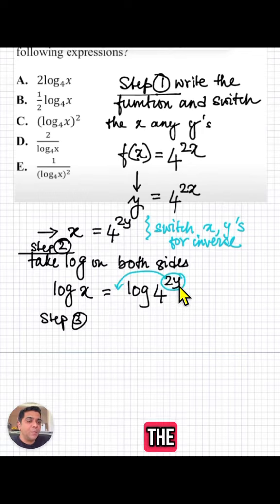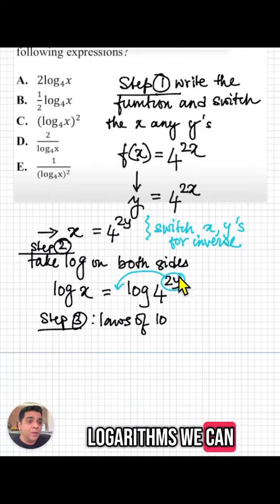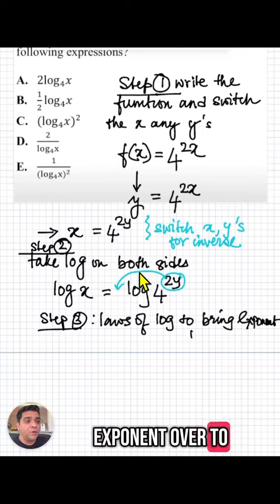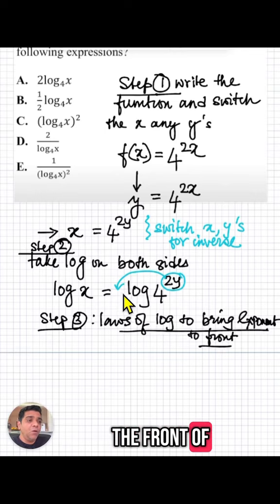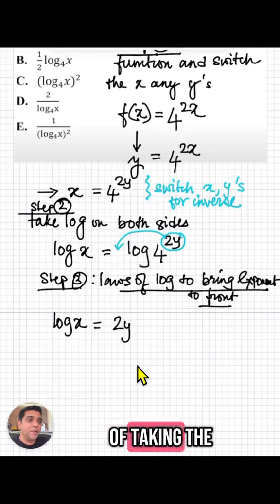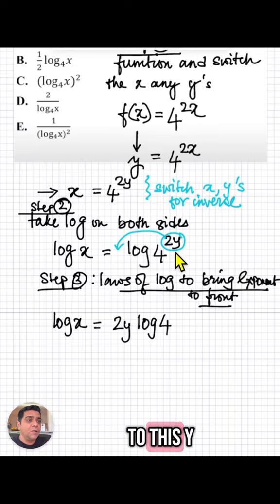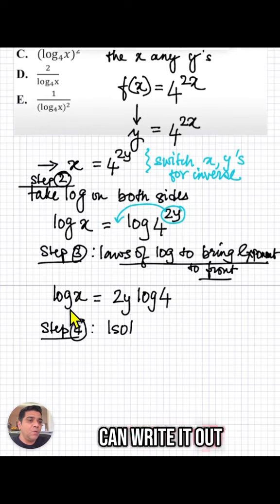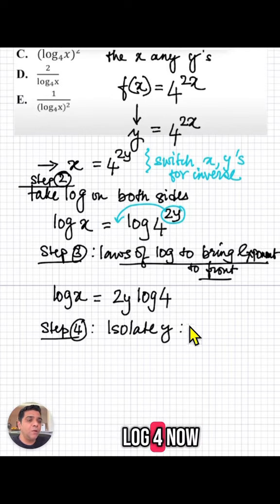Now using the rules of logarithms, we can bring this exponent over to the front of log 4, and that is the purpose of taking the log, to get to this y value. So now we can write it out. Log of x is 2y, brought to the front, log 4. Now we want to isolate the y value.